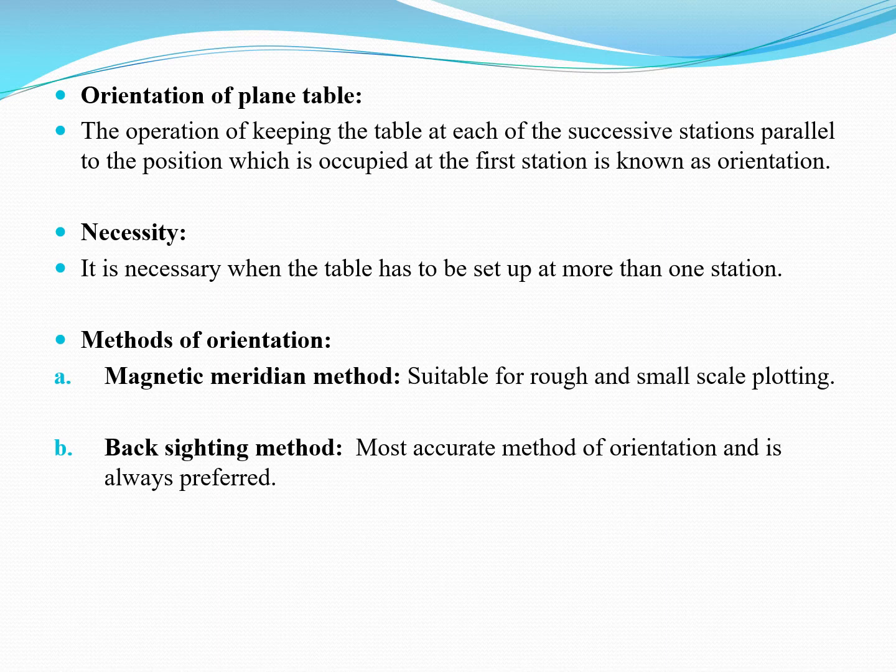After that the alidade is placed along the previously marked line PQ, and the ranging rod at P is bisected by turning the plane table without disturbing the centering and leveling operations. If centering and leveling are correct along the bisection of point P, then the orientation is said to be done.